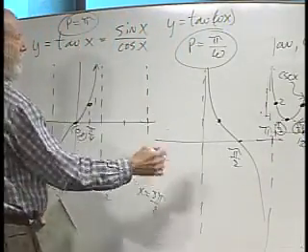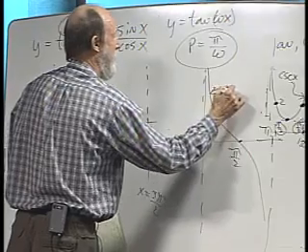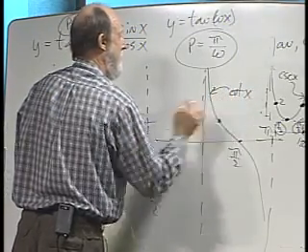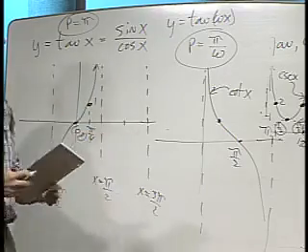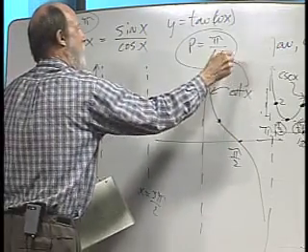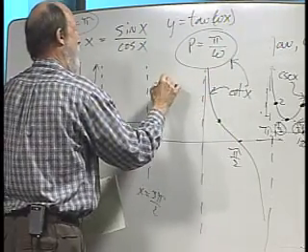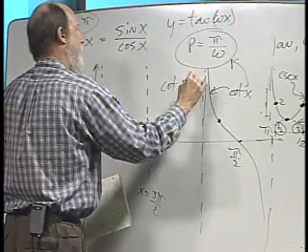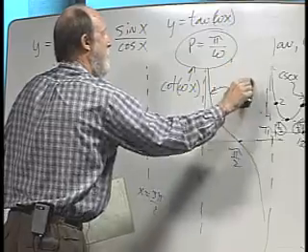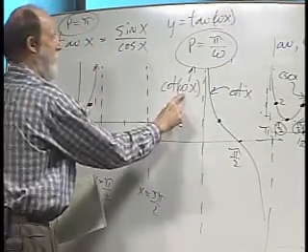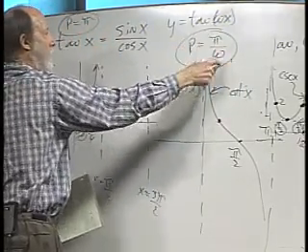So there's one cycle of your cotangent function. And they occur periodically. Same idea if you're dealing with something like the cotangent of omega x: the period will be pi over omega.